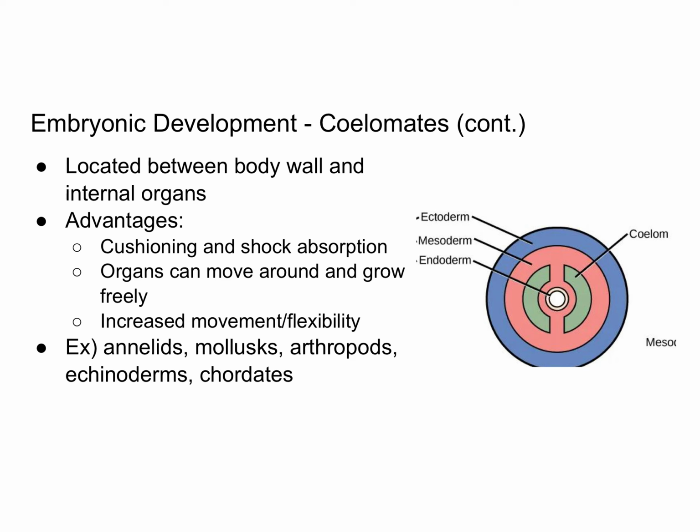So continuing our discussion on coelomates. The coelom, this space, is located between the body wall and internal organs. I'm going to attempt to draw a human real quick. It won't be a good human. I am a biologist, not an artist. All right, so pretend like this is a human.